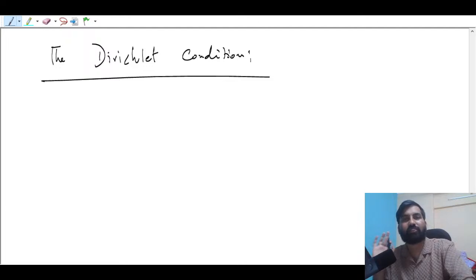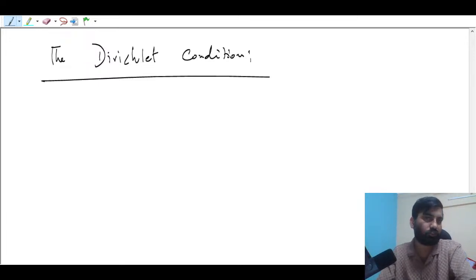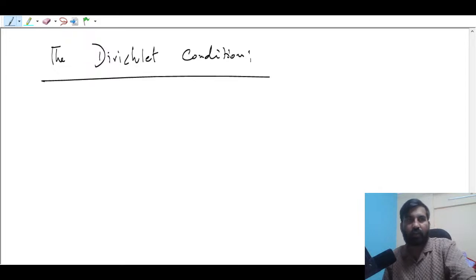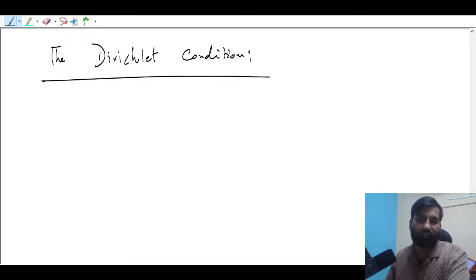Okay, the signal must be absolutely integrable. So the Dirichlet condition describes a sufficient condition for the existence of the Fourier series. Suppose given a waveform, whether the Fourier series will exist or not, right? This condition is going to ensure that. Okay, you only need to know what the conditions are.